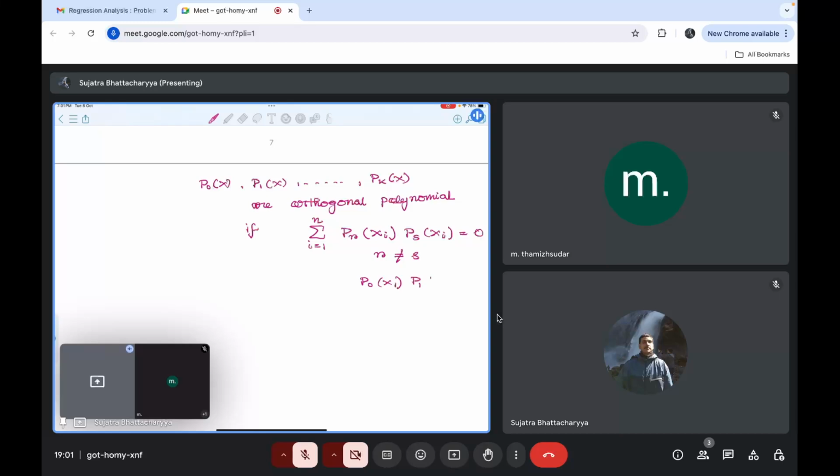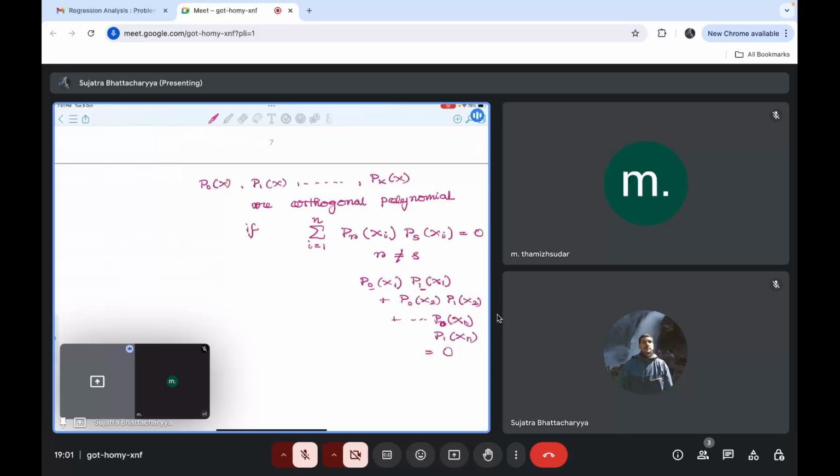So P naught x1 into P1 x1, and you sum it with P naught x2 into P1 x2, and so on up to P naught xn into P1 xn. As you can see that r and s are not equal, if you sum this, it will be zero.